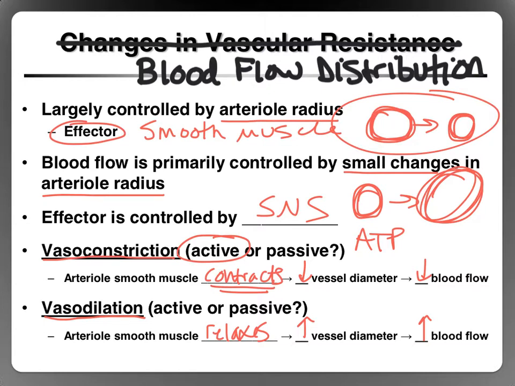This process is passive, okay, because the muscle is simply relaxing. Okay, so contraction is active, relaxation is passive. And this is how blood flow is controlled within the body. Certain parts of the body are going to have vasoconstriction and a reduction in flow, and other parts of the body will have vasodilation with an increase in flow depending on the needs of the body at that time.